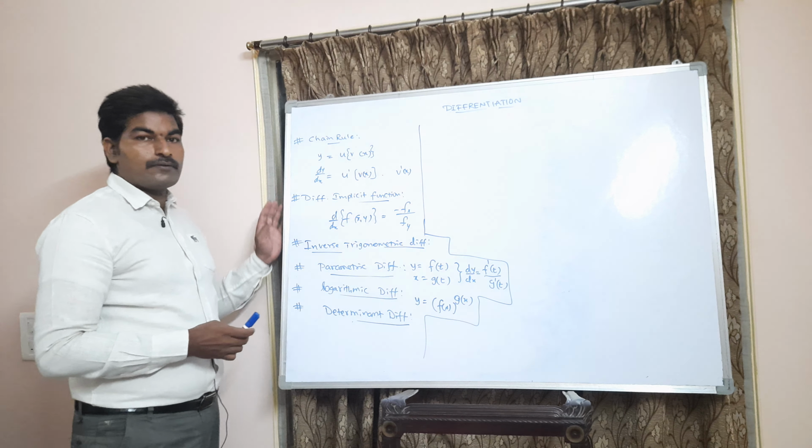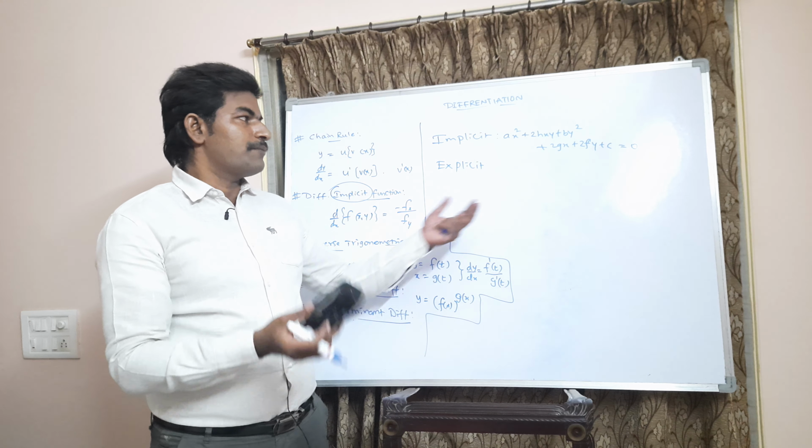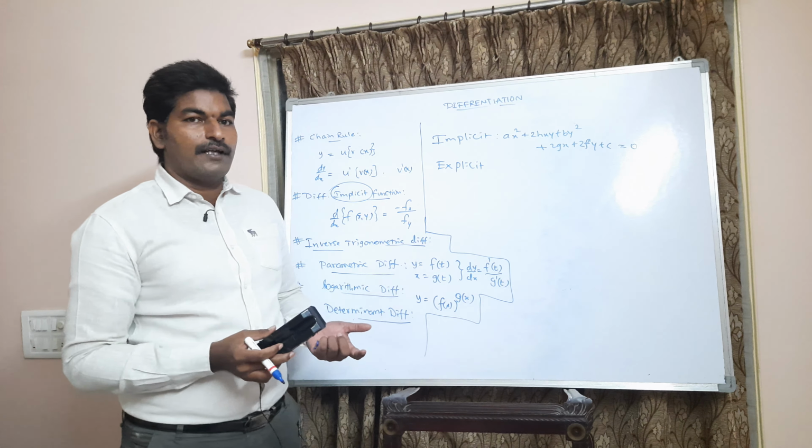This function is called implicit function. Here you can understand that x and y terms exist together in that function. That is called implicit function. Mathematically it can be written as f of x comma y.